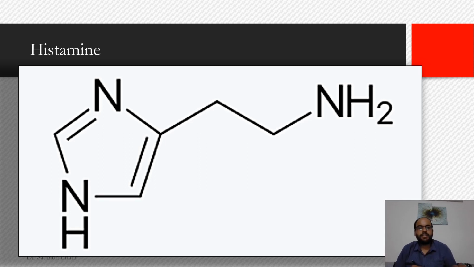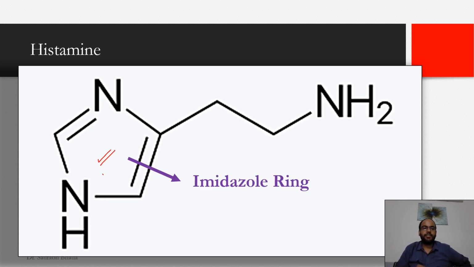So here is the structure of histamine, and here is the imidazole ring. Modification of this ring gives you H2 antihistamine, while modification of this side chain gives you H1 antihistamine. Further, different modifications of these side chains give you different antihistamines.